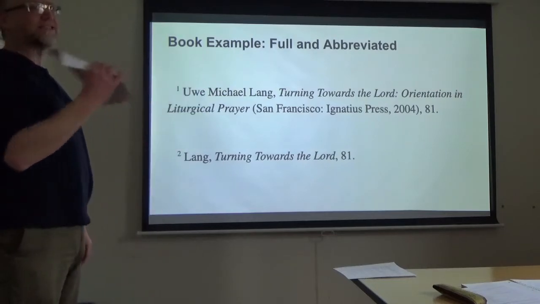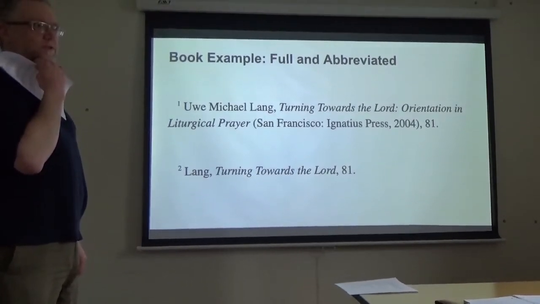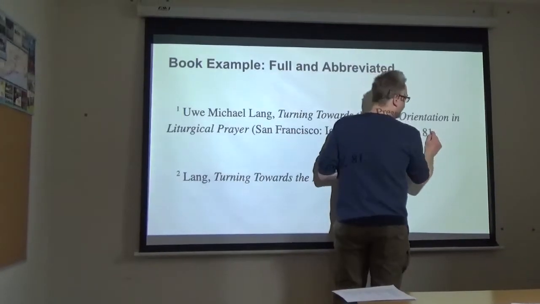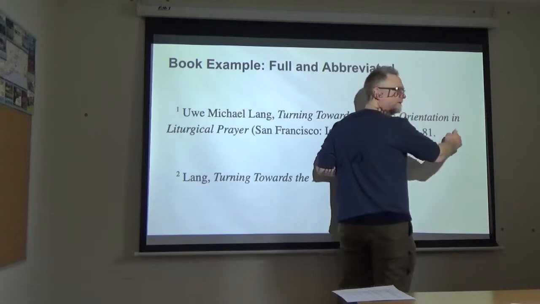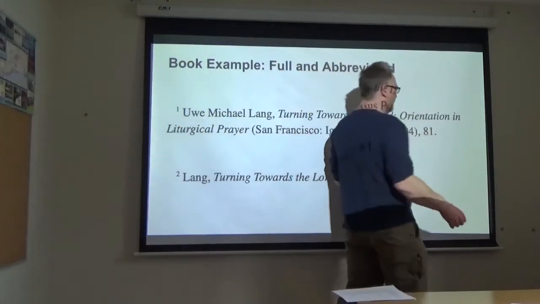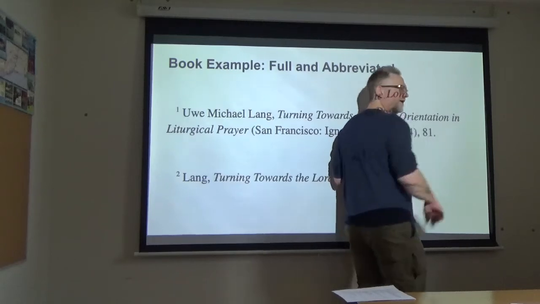You follow this exactly, okay? And now I want to cite the two pages, 81 to 82. Dash or hyphen, 82, period. And no space. So 81 dash or hyphen 82, period.